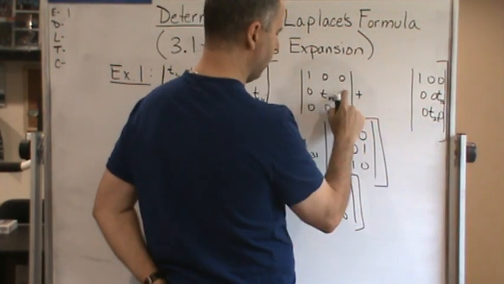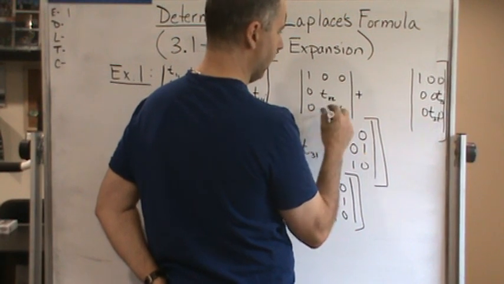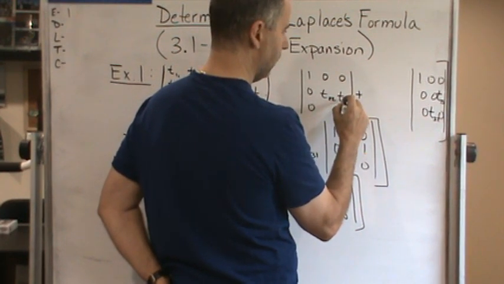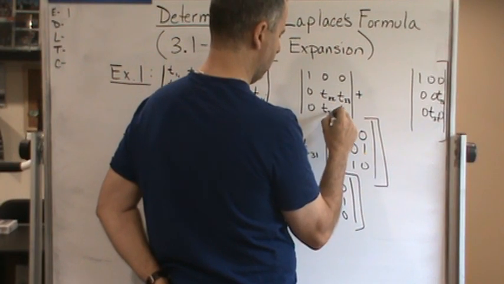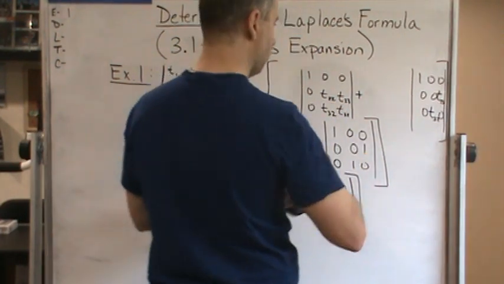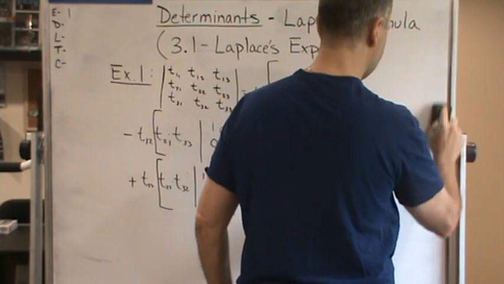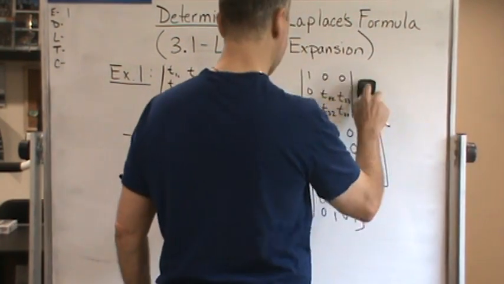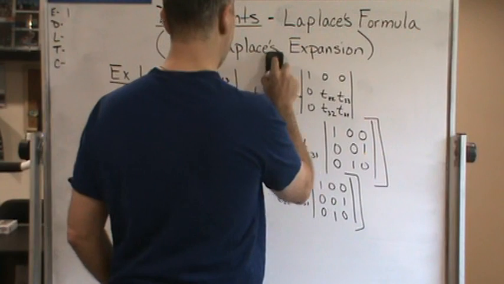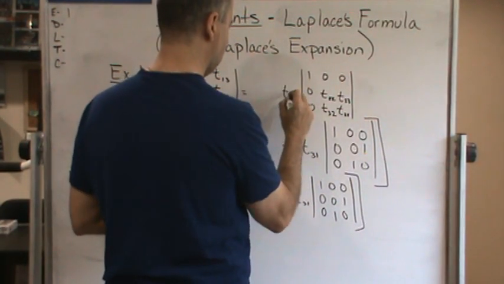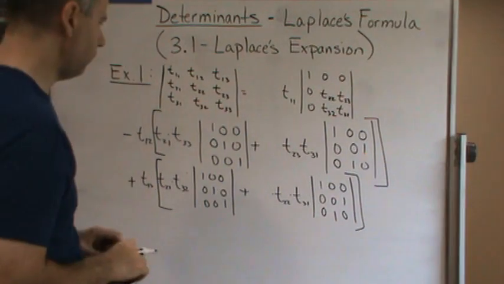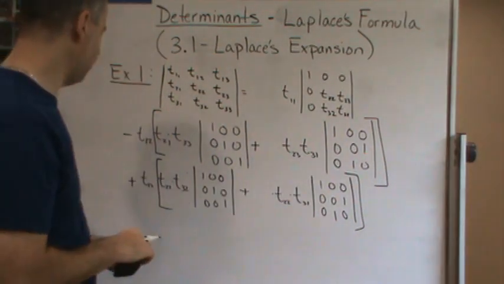So if we add them, then what happens over here? We add them and we get T23, T32. So I'm going to erase this. And we get T11. And if we do the same thing here, look what happens.